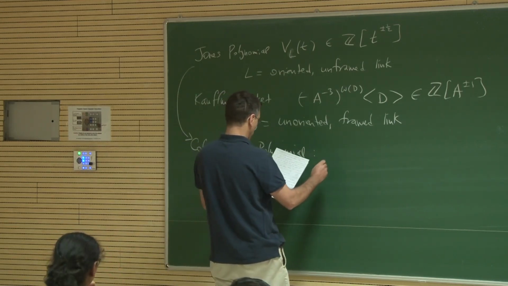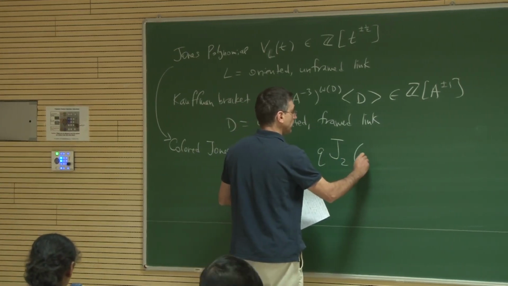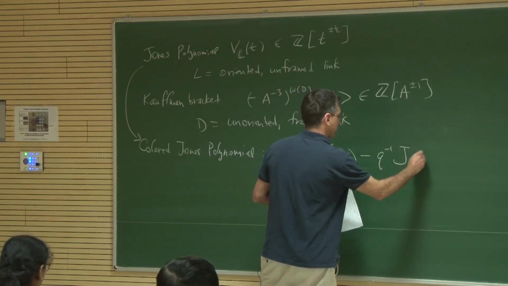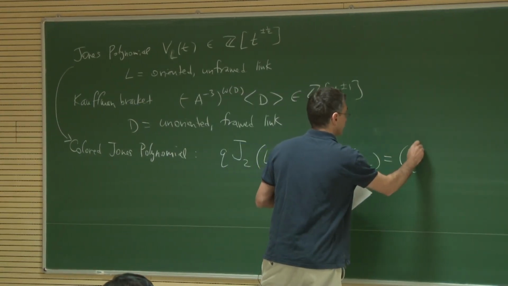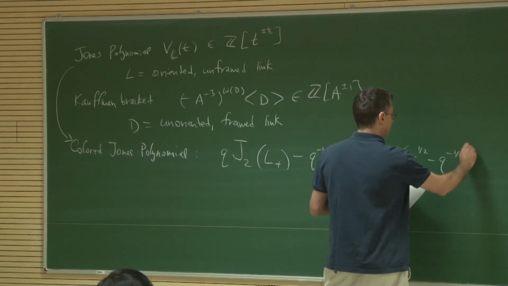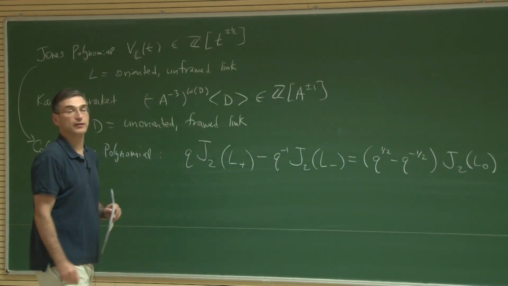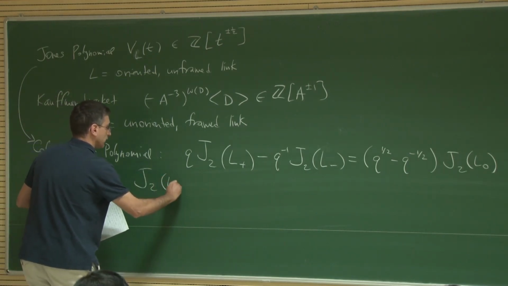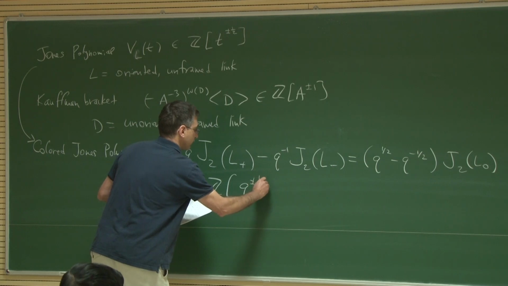The skein relation is going to be of the form q J2 of L plus minus q inverse J2 of L minus is equal to q to the 1/2 minus q to the minus 1/2 J2 of L0. So this is a typical kind of notation here. And in this case, J2 of L sits inside as a Laurent polynomial in the q's.